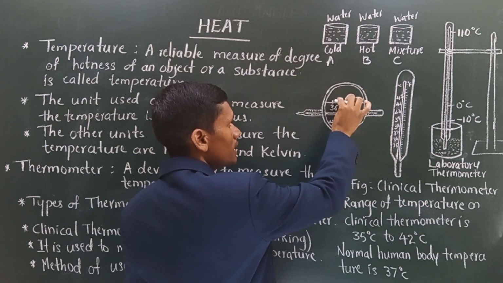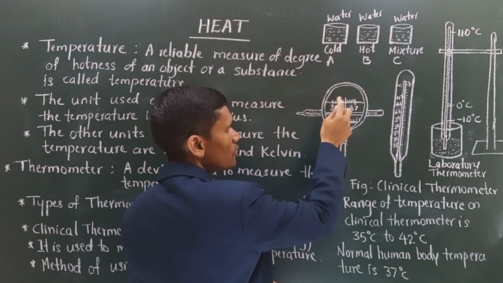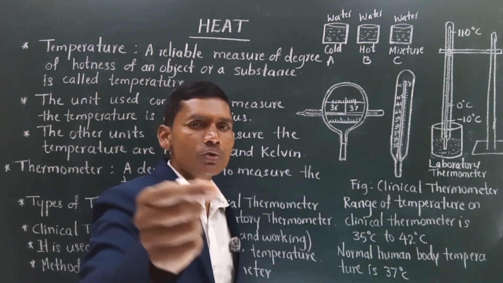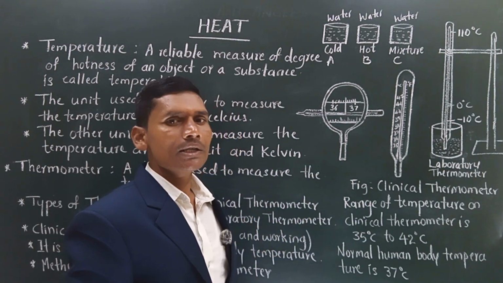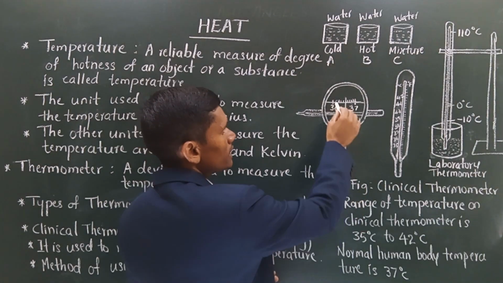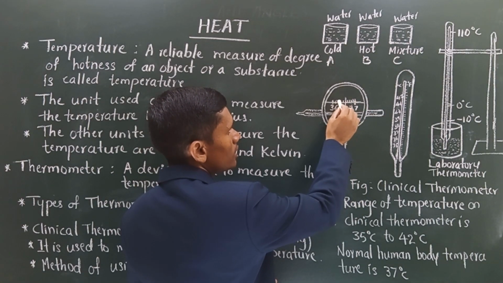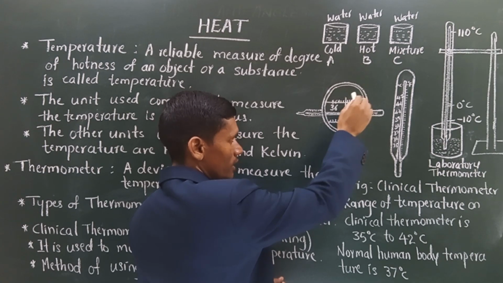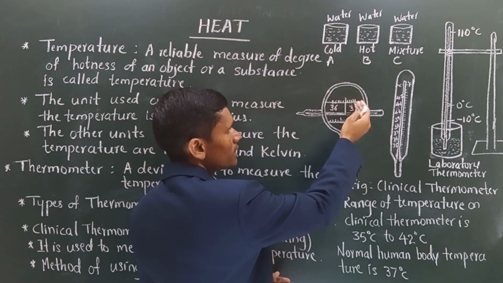Next, if it is stopping here, it is 36.1, because each division denotes 0.1 degree Celsius, as 10 divisions are there: 0.1, 0.2, 0.3, 0.4, 0.5, 0.6, 0.7, 0.8, 0.9, 1, meaning 36 to 37.